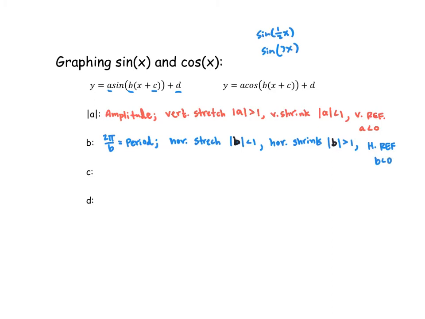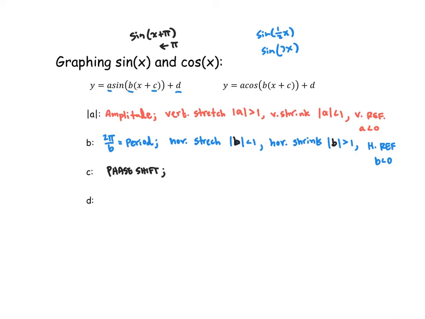Okay, let's talk C. Pretty simple. C is called the phase shift. So it's a horizontal shift. If I have sine of x plus pi, that is a shift left pi units. So the sign will be the opposite.